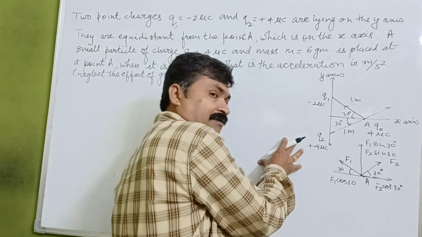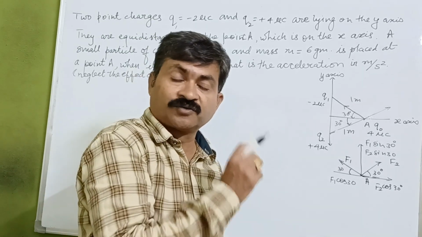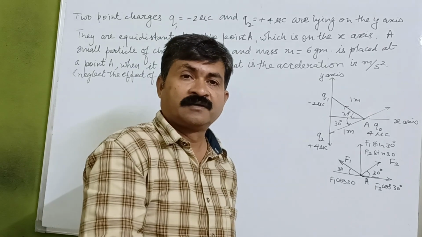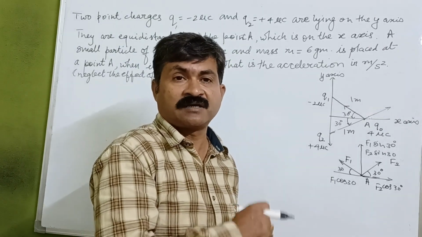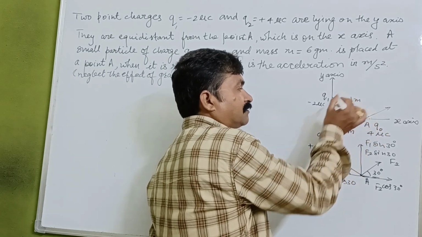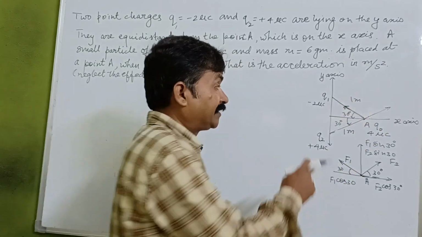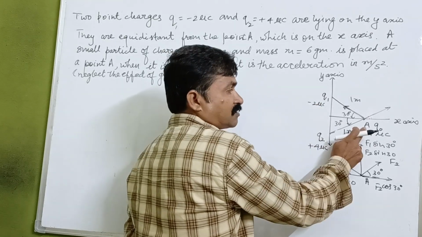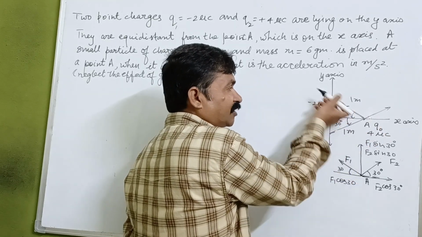Now, first of all, what we need to do is know about the force. Here we will be using Coulomb's law. There will be one force acting in this direction, which is an attractive force. Why is it attractive? Because one charge is of negative nature and the other is positive, so it will be attracting towards this.